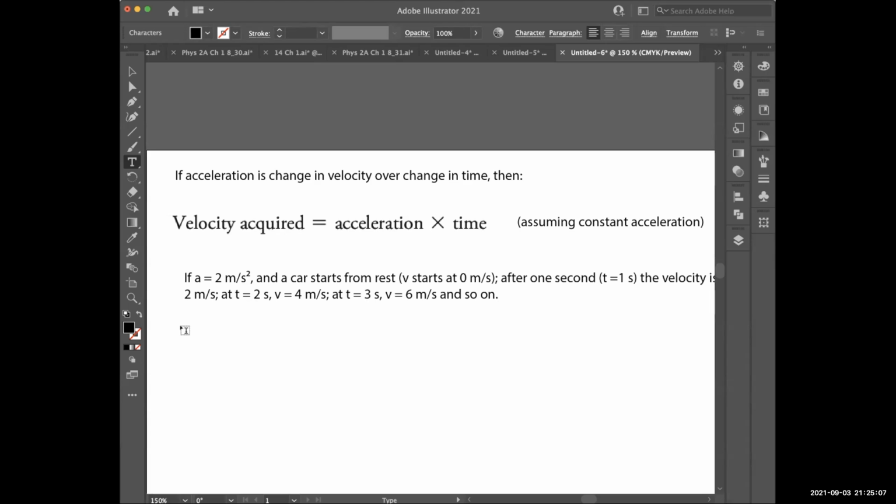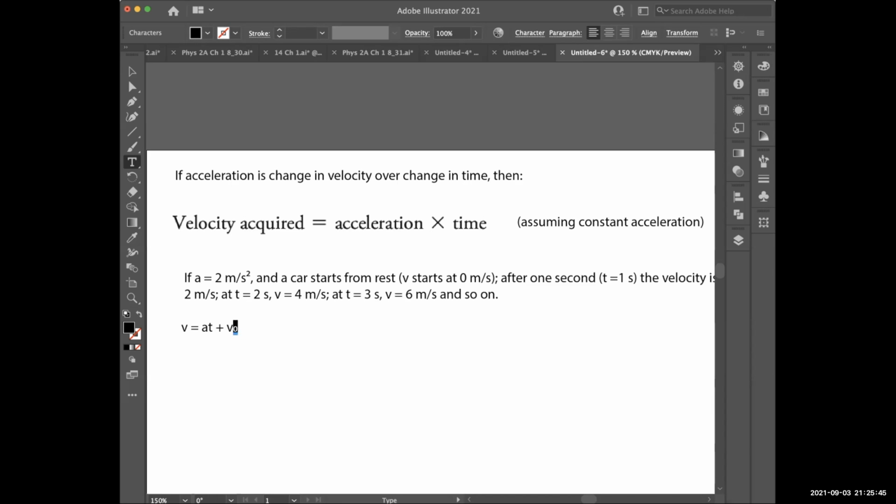So you can rewrite this in symbols as velocity equals acceleration times time, a t, plus what velocity you start at, where this v0, or v sub naught, is the velocity you start at.